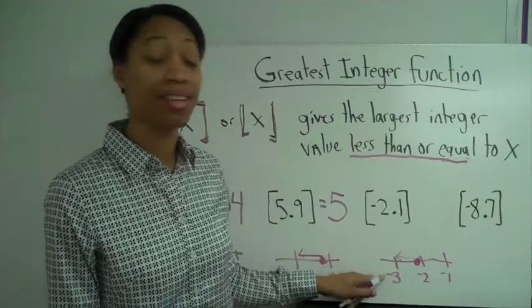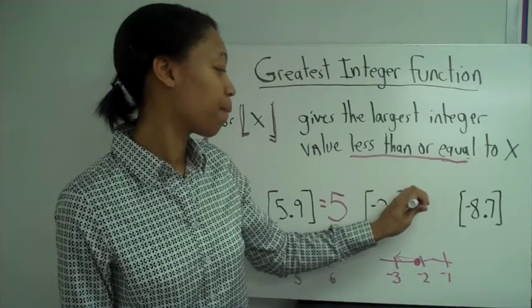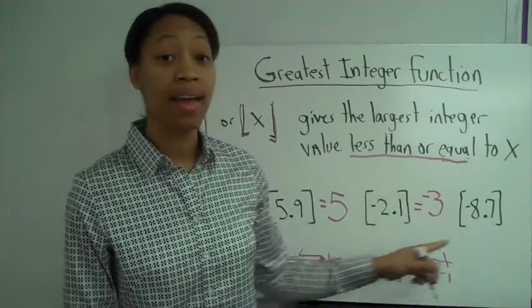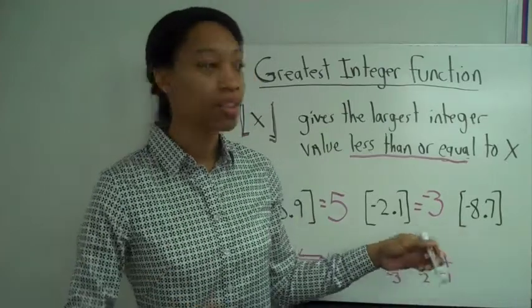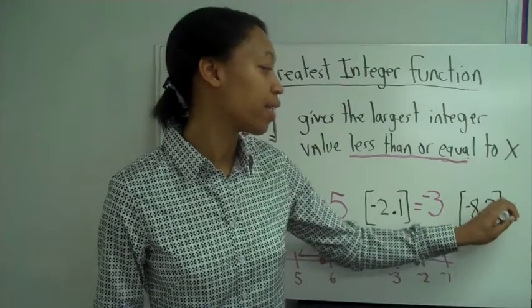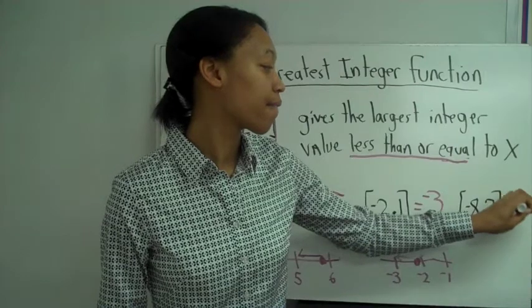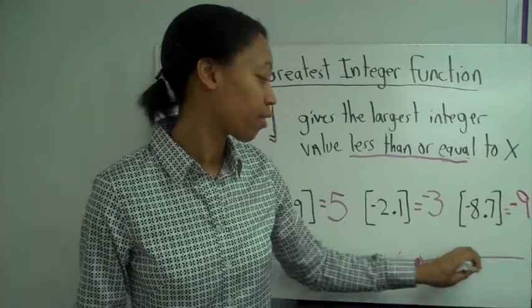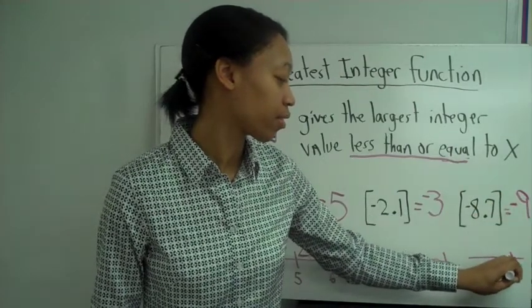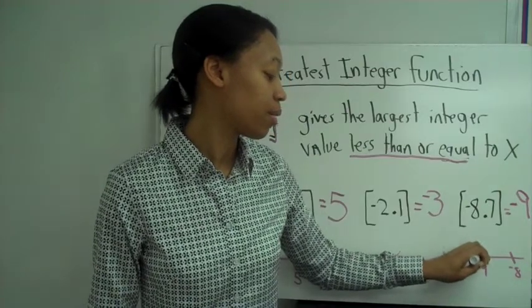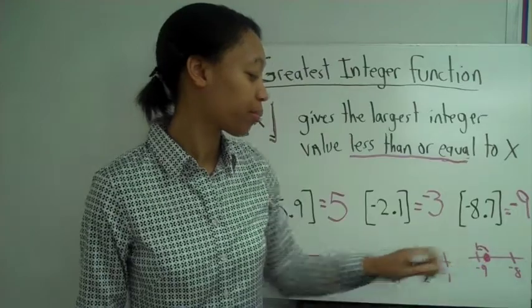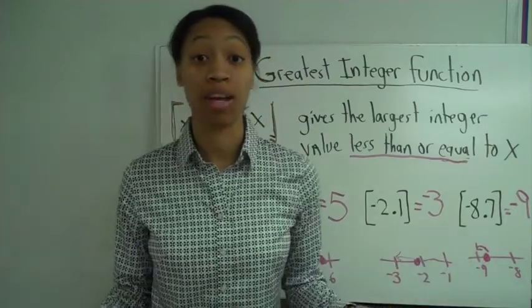So this rounds to negative 3. And negative 8.7 also rounds down, going to negative 9. So that's about right here. It rounds down to negative 9. So always round down.